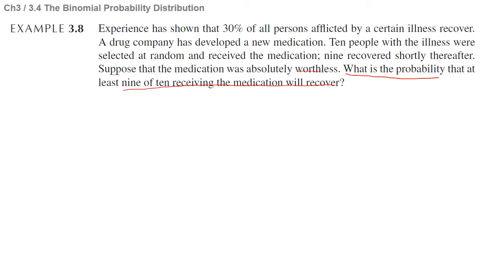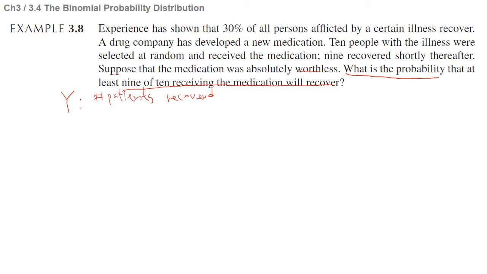Okay, so what would be the related probability distribution? What can we define as random variable y? The random variable y could be the number of patients who recovered. If we set our random variable y as this, then what distribution does it follow?